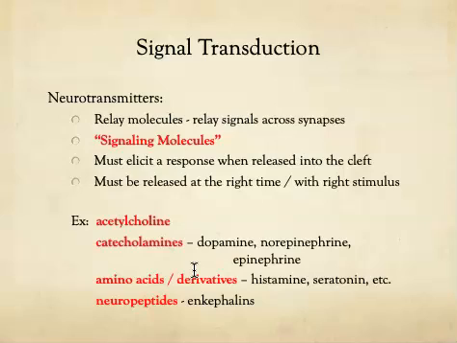And this group includes things like dopamine, epinephrine, and norepinephrine. Third is a group called the amino acids and the amino acid derivatives. And this includes things like histamine and serotonin. And finally, there's a group called the neuropeptides. And the neuropeptides include the enkephalins.